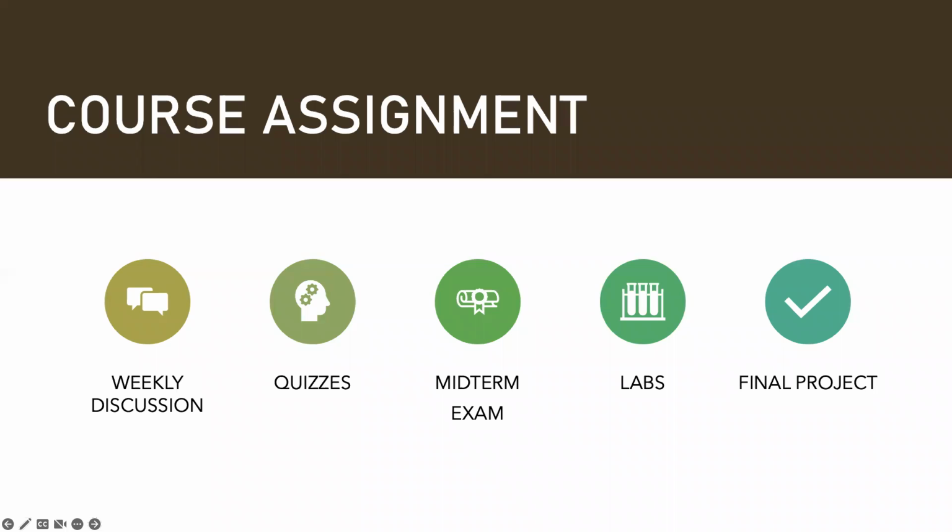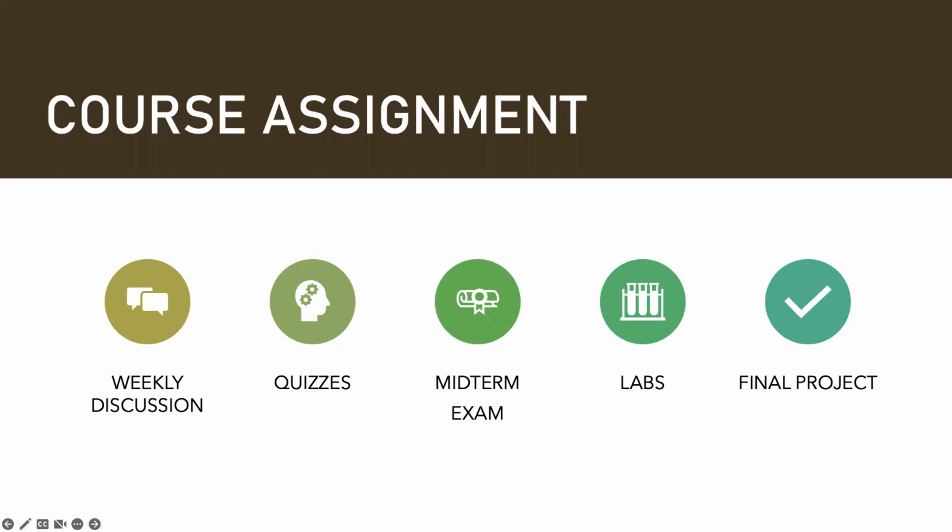The assignments for the course will measure the progress that is linked to a student's respective learning units that has been described in the previous slide. So the assignments that the students would be involved in would include weekly discussions, quizzes, midterm exams, labs, and final project.